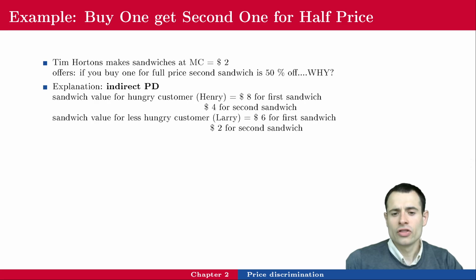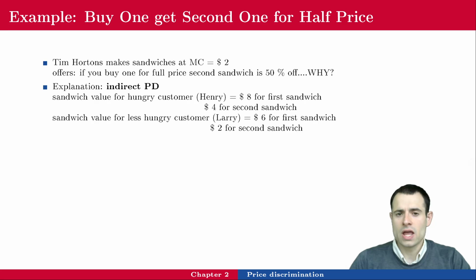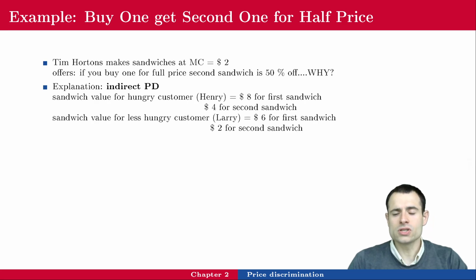So, this is pretty much the demand for Henry. Larry, being less hungry, is willing to pay $6 for the first sandwich and $2 for the second sandwich. Both customers are willing to pay a lower price for the second sandwich due to decreasing marginal utility. They are probably willing to pay $0 for the third sandwich because they will be already full, satiated.